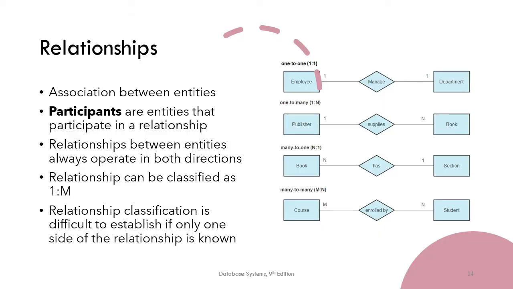So that is the entities and also attributes. Now we go to the relationship. It is an association between entities. Participants are entities that participate in a relationship. We usually read it in both directions, and there are four classifications of relationship: one to many, one to one, many to one, and many to many.